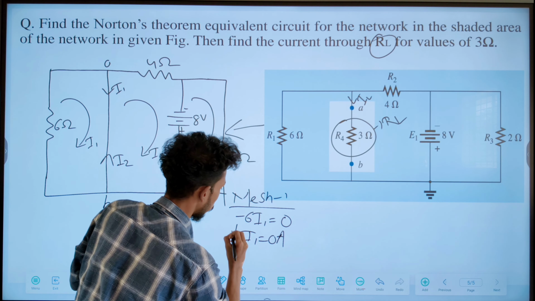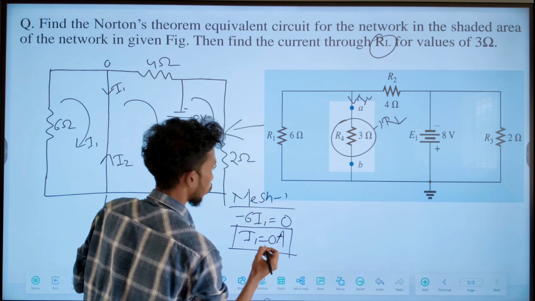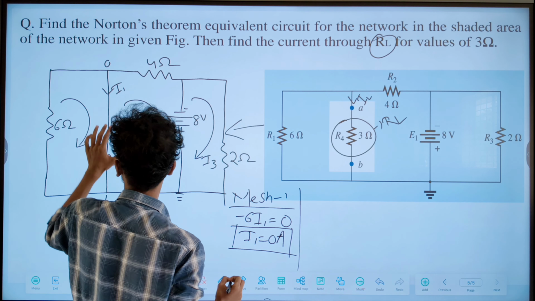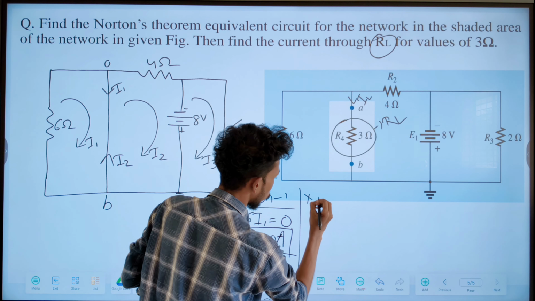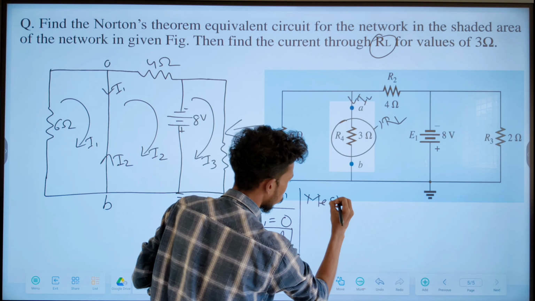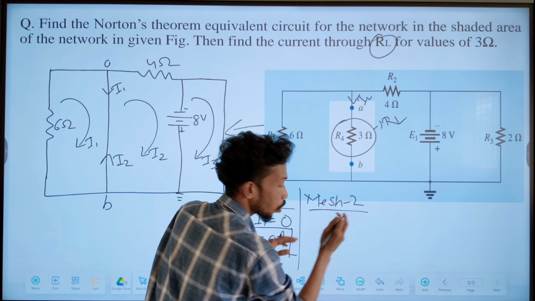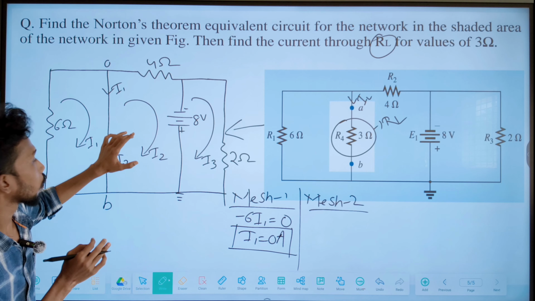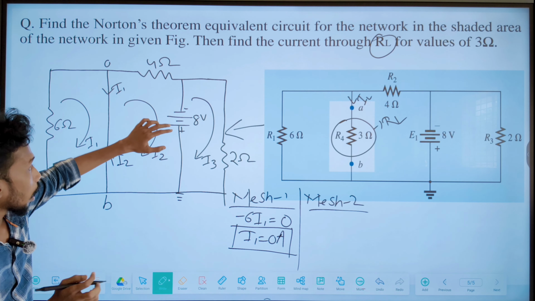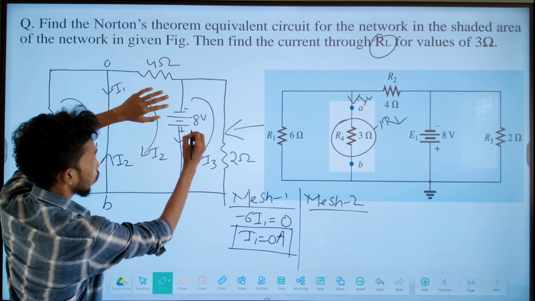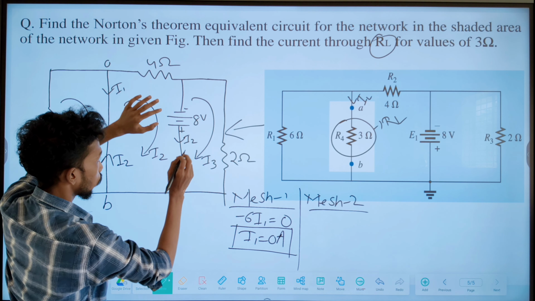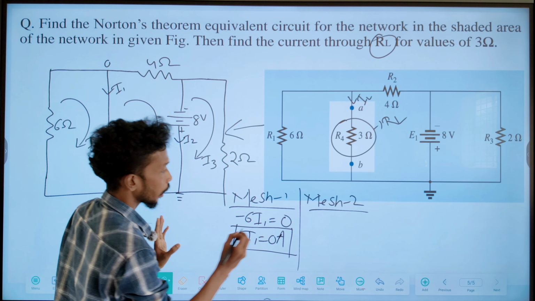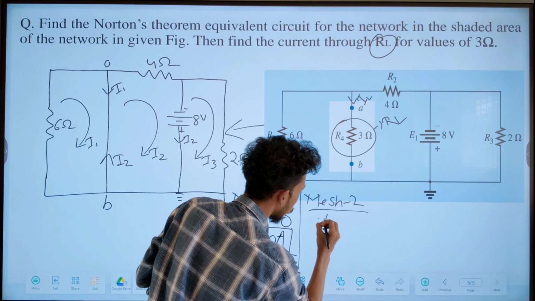Okay, now let's go for mesh 2, that is our mesh 2. In mesh 2, I2 current is flowing, and this I2 starts from the positive terminal of the 8 volt source. So we can write plus 8 volt.